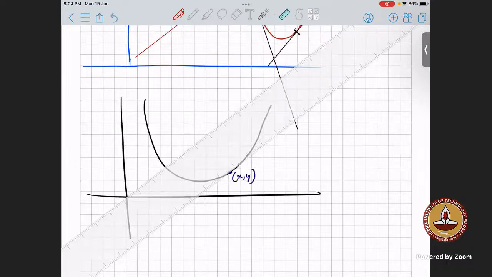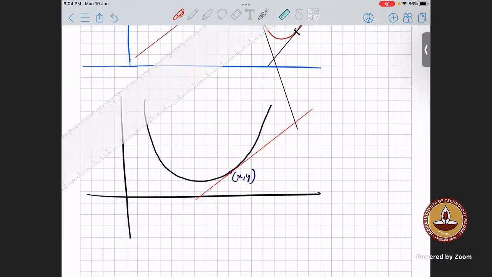Tangent in the sense it only touches this point, nothing more than that. The slope of this tangent is the slope of the quadratic function at point x comma y.